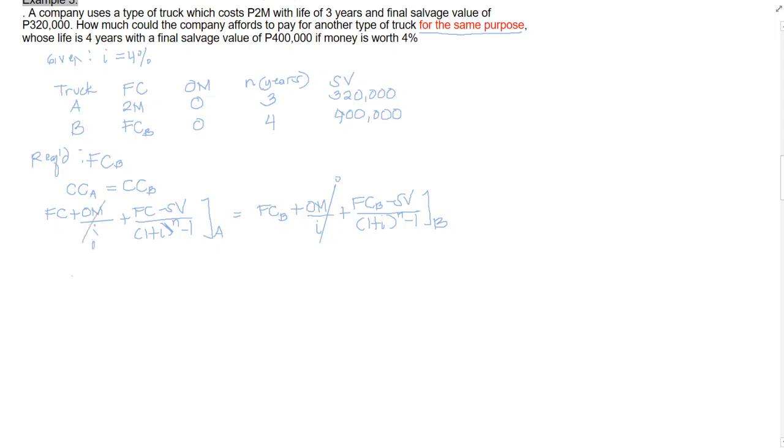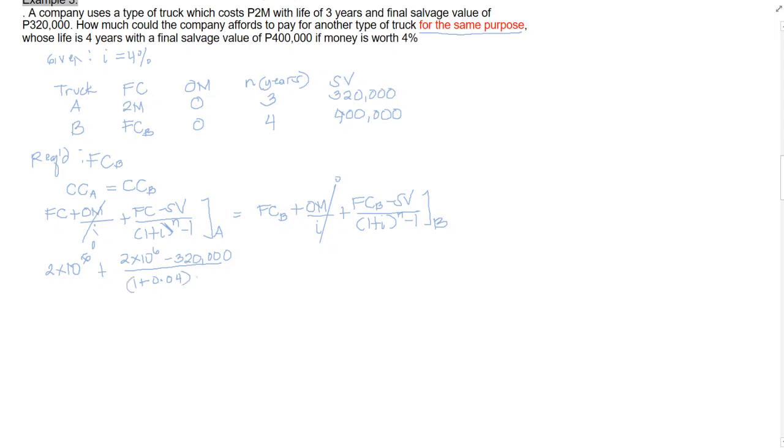So for the first cost of your first truck, that is 2 million, which is 2 times 10 raised to 6, plus, okay, for the first cost, that is 2 million, 2 times 10 raised to 6 minus the salvage value, which is 320,000 divided by, okay, so that is 1 plus 0.04, it is given.